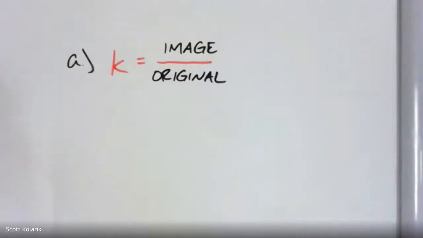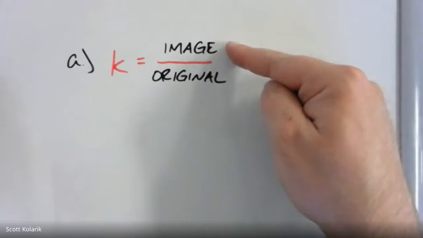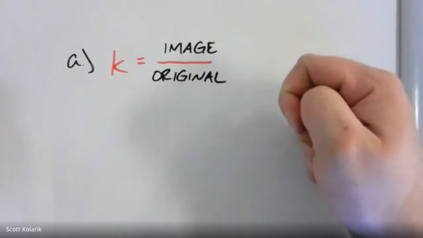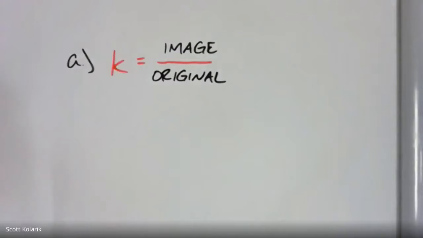In this case, we're measuring the distance from the center of dilation to some point on the image, and then comparing that to the distance from the center of dilation to that corresponding point for the original object.